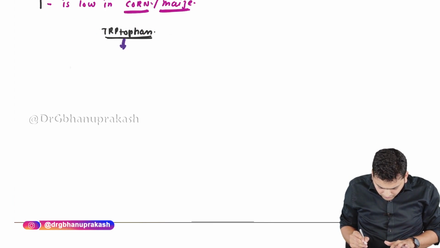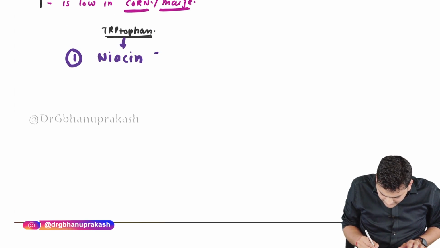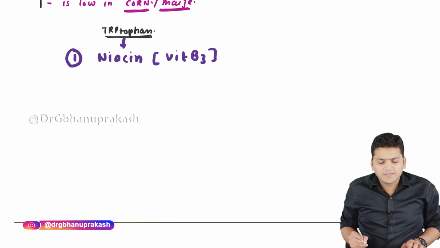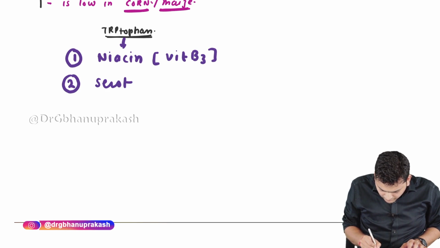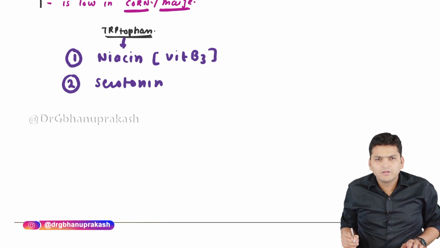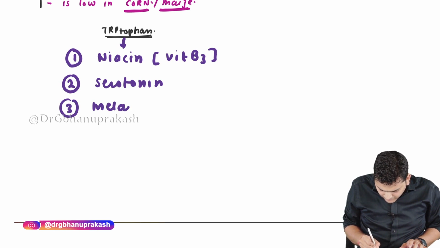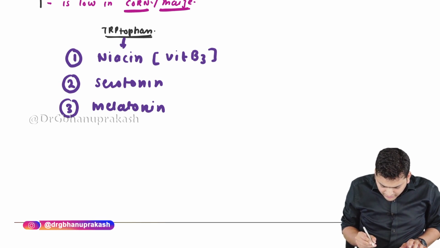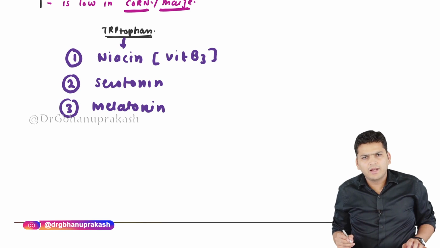The first special product is niacin, which is the name for vitamin B3. The second special product is serotonin. The third special product is melatonin.